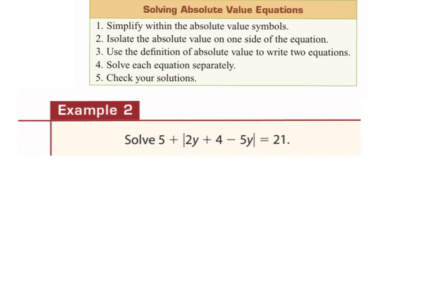If I look at this one, I have a 2y and a negative 5y. So I will leave this piece alone. I have 5 plus. I can combine the 2y and the negative 5y because they are like terms. That gives me, what's 2 and negative 5? Negative 3y, and then I just have the plus 4 because it can't combine with anything.